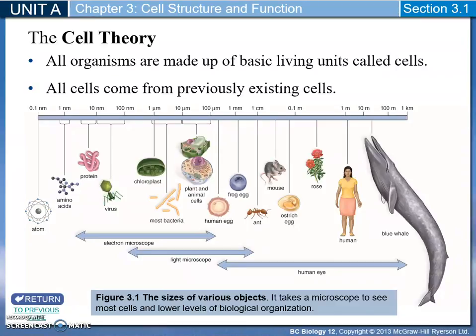But obviously, much smaller than things that can be seen with the naked eye. So there's some examples. One of the larger cells in humans is the human egg. Actually, it's one of the largest cells. Most of the other cells are smaller than these.